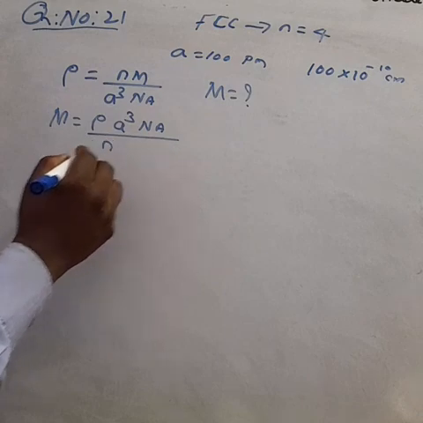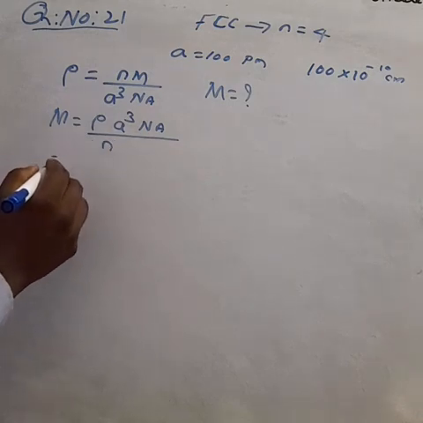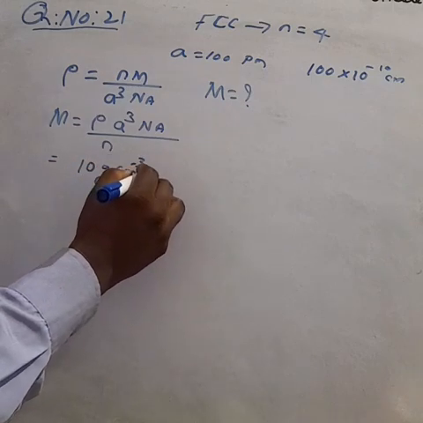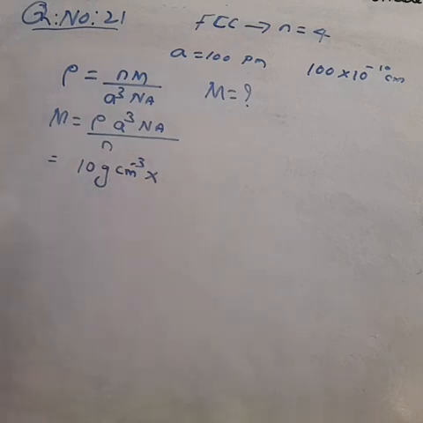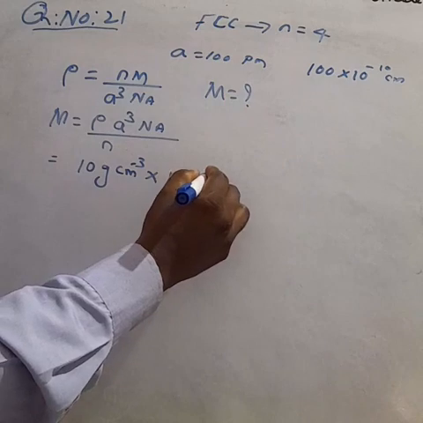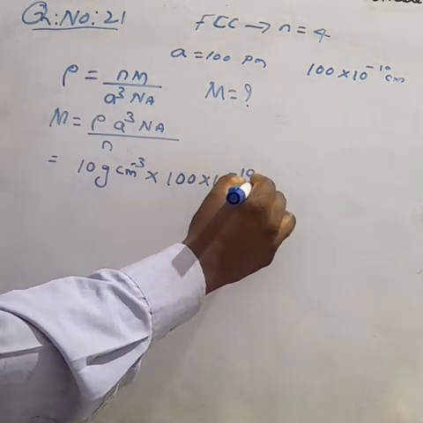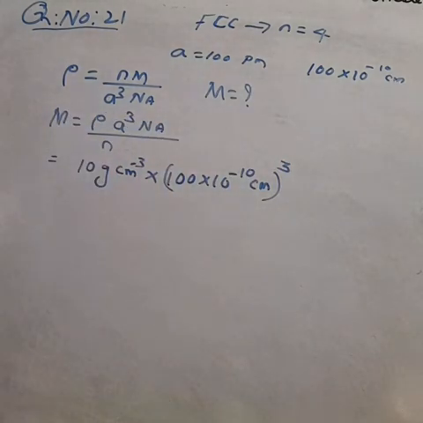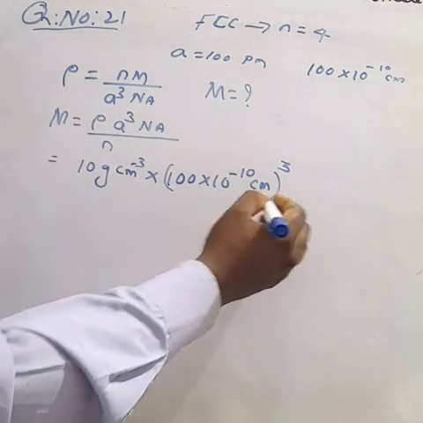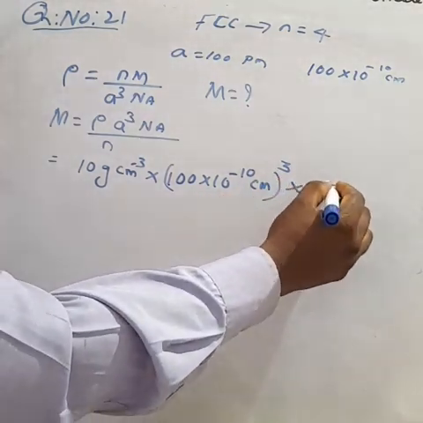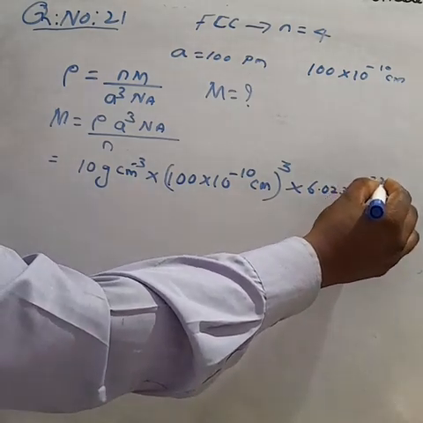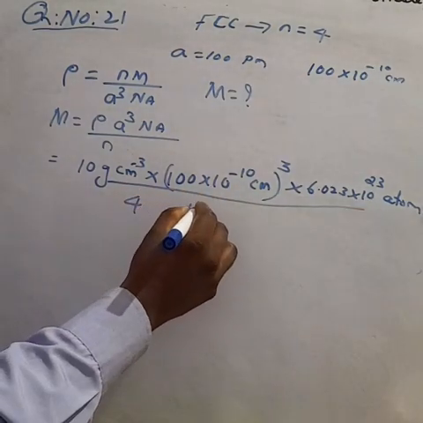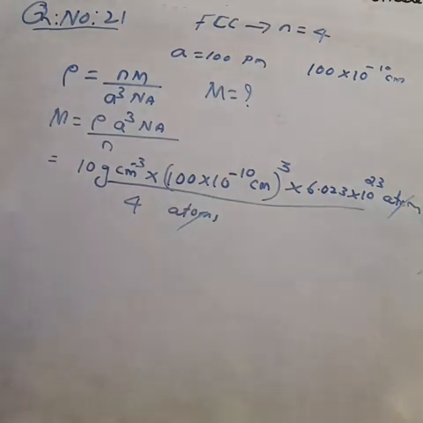Now we substitute: M is equal to density 10 gram per centimeter cube into a cube, which is 100 into 10 raised to minus 10 centimeter. The formula has a cube, so make it cube here. Avogadro number 6.023 into 10 raised to 23 atoms divided by 4 atoms. Now the atoms can be cancelled.